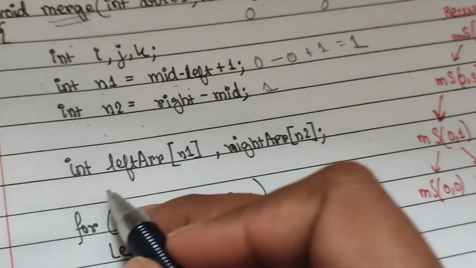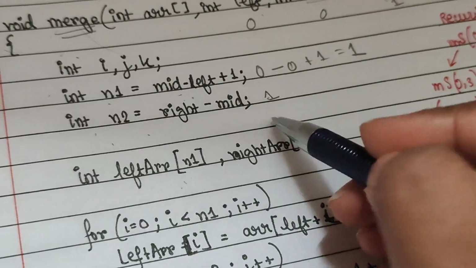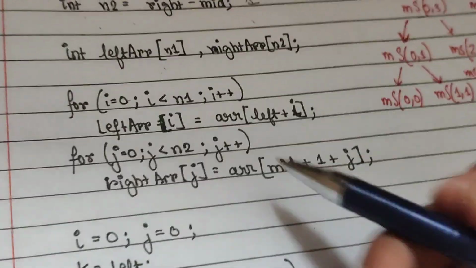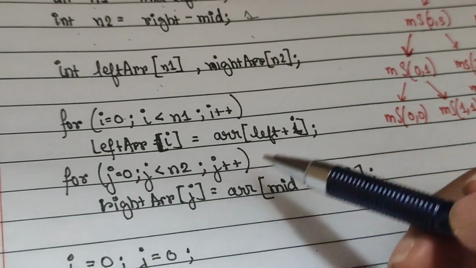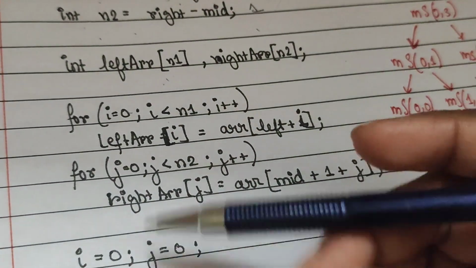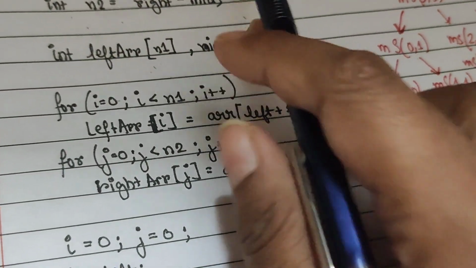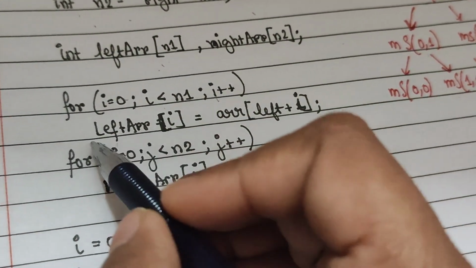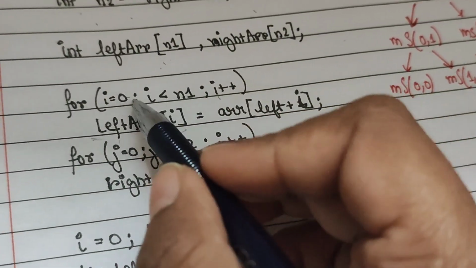So now that we have created two arrays using these two sizes, we have created two temporary arrays of a single element each. Now we are going to copy the elements of the array. So you have sent the indexes, in our case 0 and 1, so we will copy till 1.